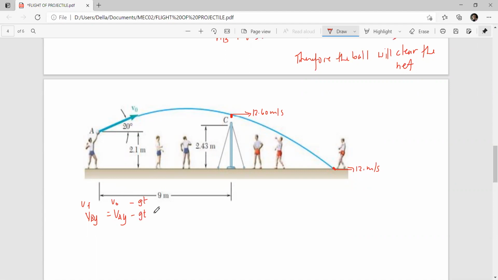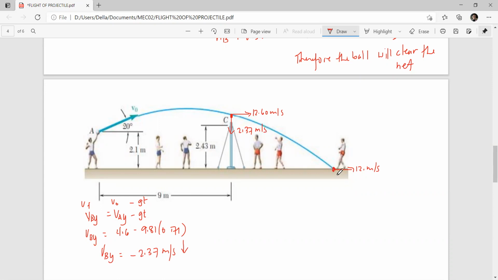So the time from A to B is 0.71. So VBY is equal to 4.6 minus 9.81 multiplied by 0.71. So VBY is equal to negative 2.37 meter per second, and that indicates a going-down velocity. So this is a going-down velocity of 2.37 meter per second.